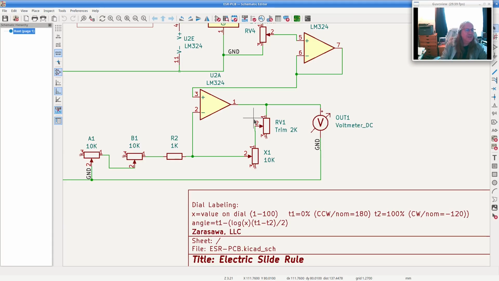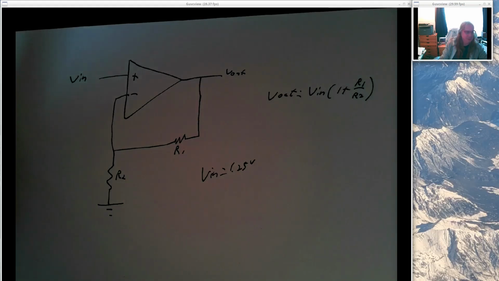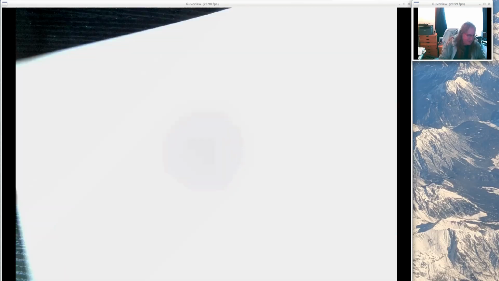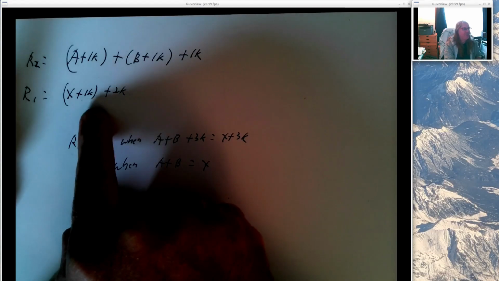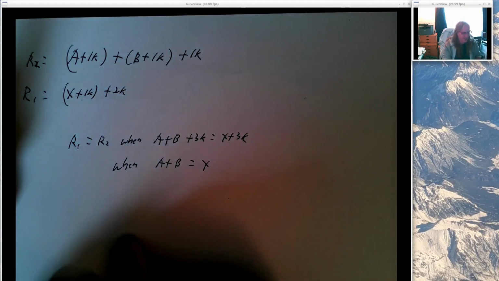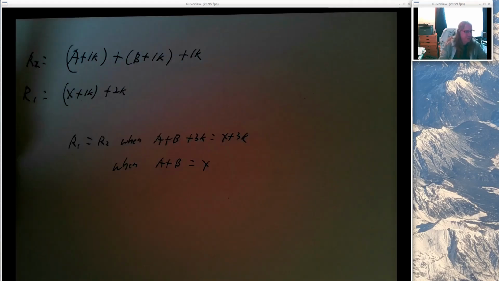And so what does this mean? Oh, and then the output also goes to a voltmeter. So this is a 5 volt voltmeter that measures between 0 and 5 volts. So the idea was R1 is my output potentiometer plus 1K plus another 2K, right?